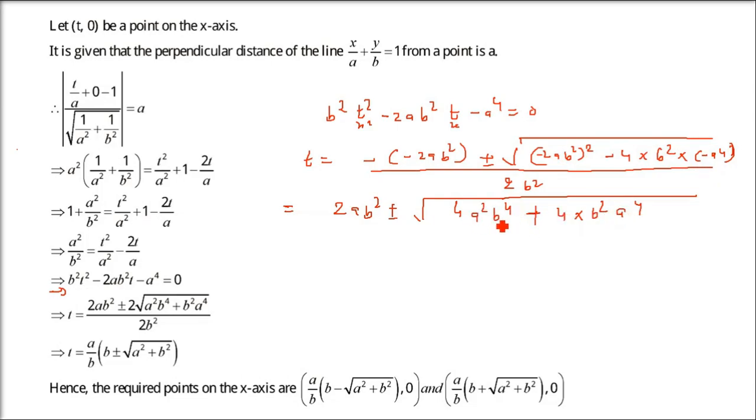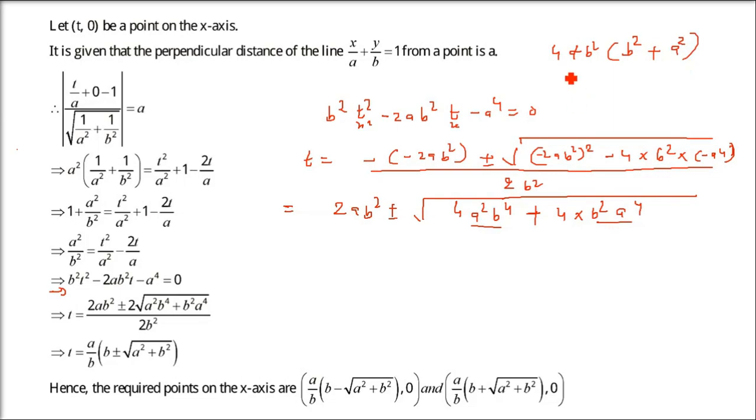So you see here, 4a square b to the power 4 and 4b square a to the power 4. I can take 4ab common from here. Inside this we have a square, b square, and a square inside.